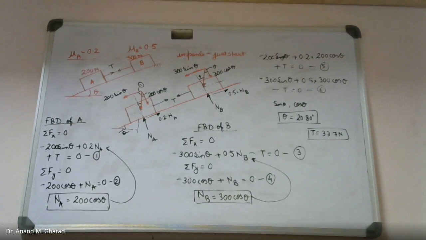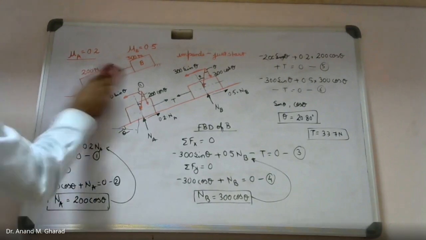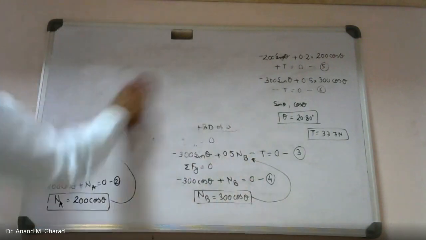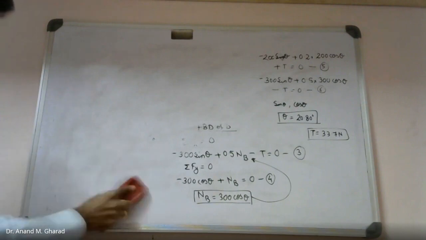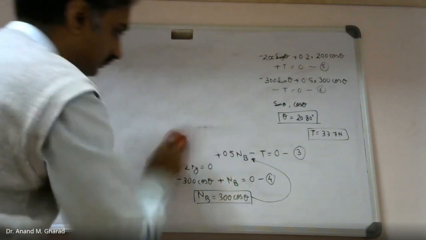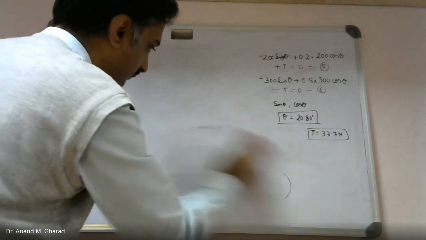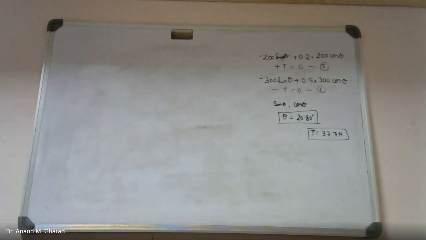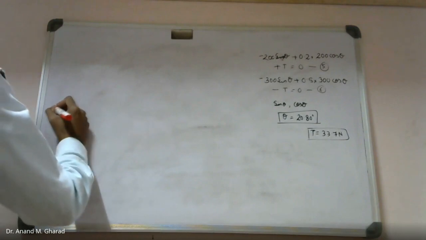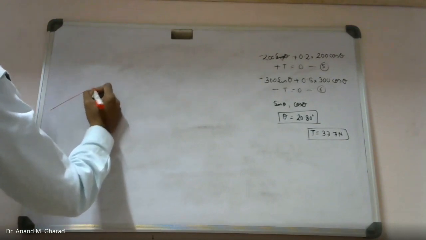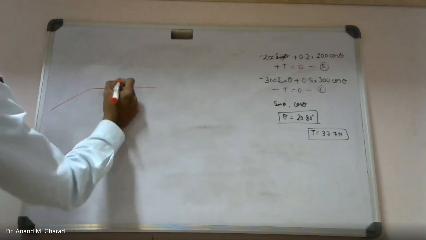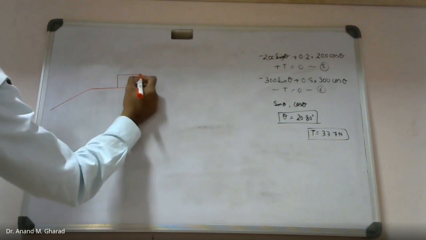Then next, one more numerical. In this, again such a situation that there are two bodies and these two rigid bodies are connected with the help of again a string or cord, like this.